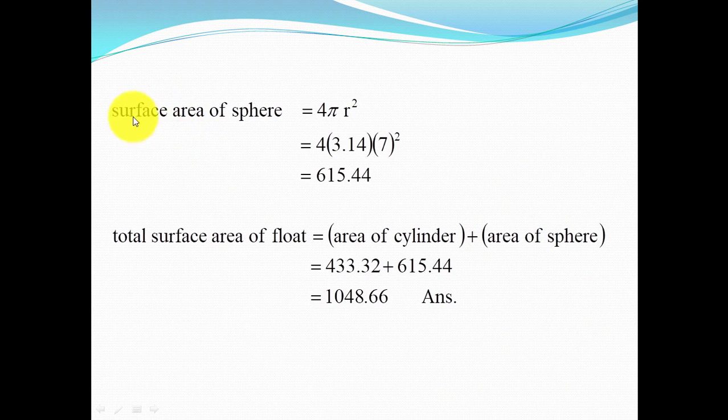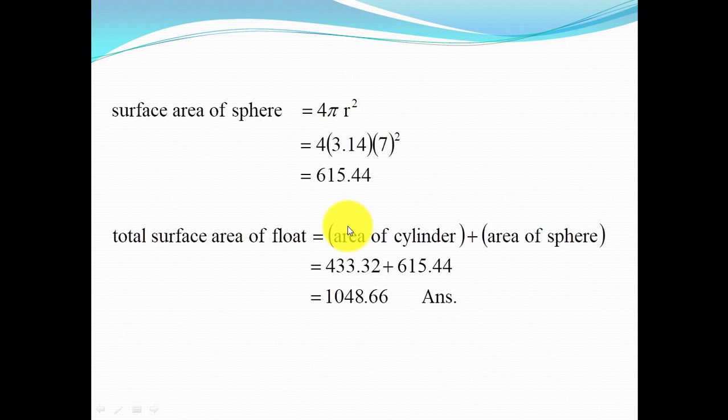The next step is to find the area of the sphere. The formula for the area of the sphere is 4 pi r squared, and the radius of the sphere is given in the statement as 7. So put r equal to 7 and multiply these terms, and we get the answer 615.44.